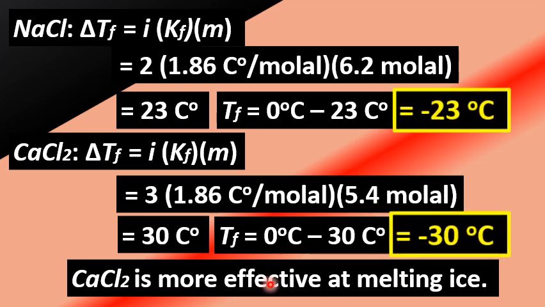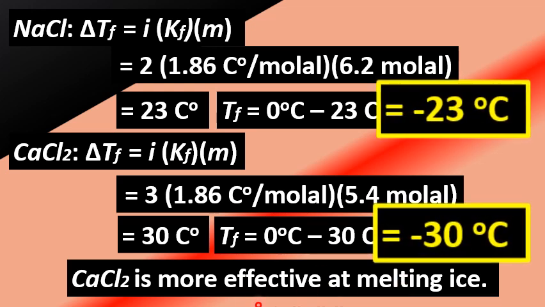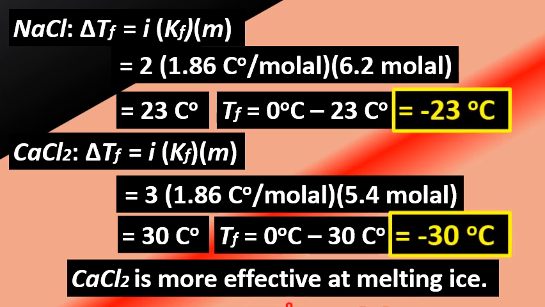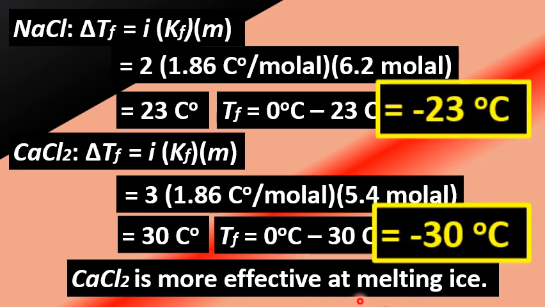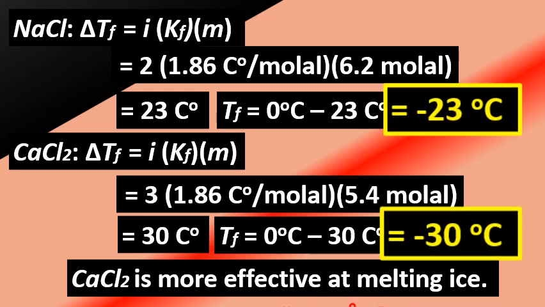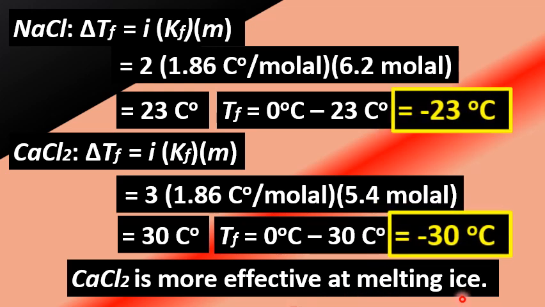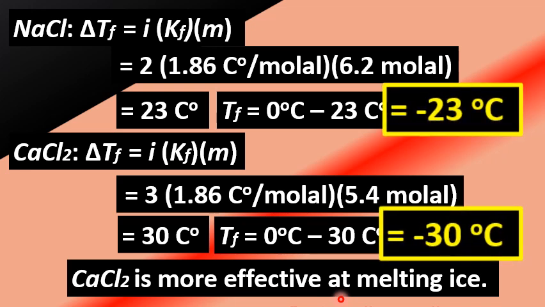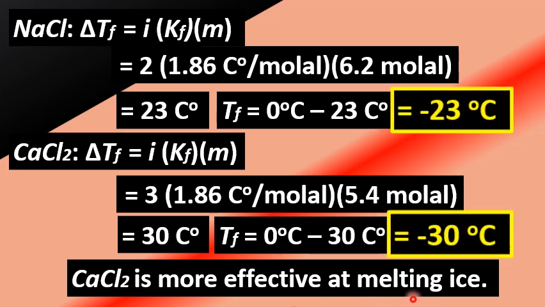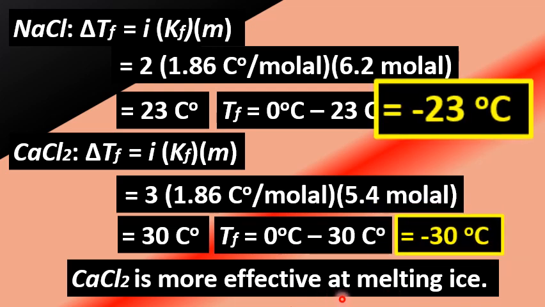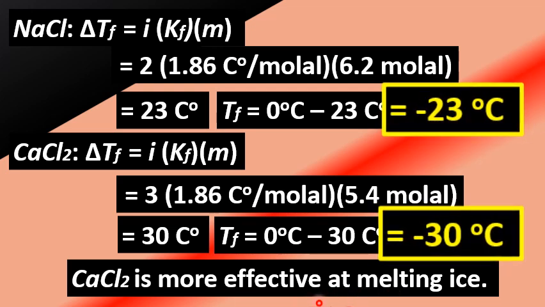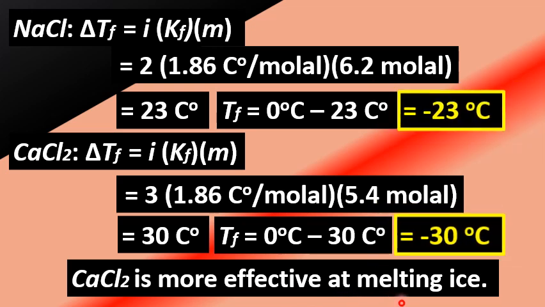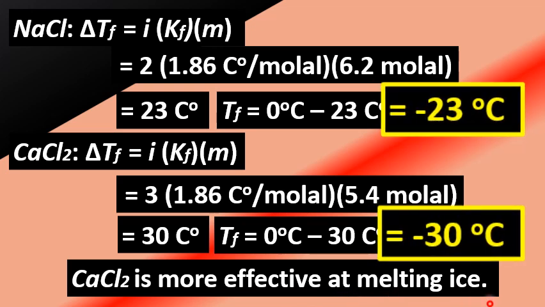It is more effective at lowering the freezing point of water because, as we have seen, its solutions contain 3 ions per formula unit. And in practice, calcium chloride is the salt that is usually sold for home use. All right, and it is also often used on highways.